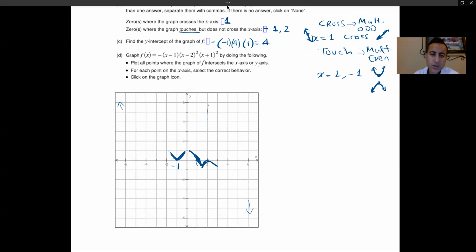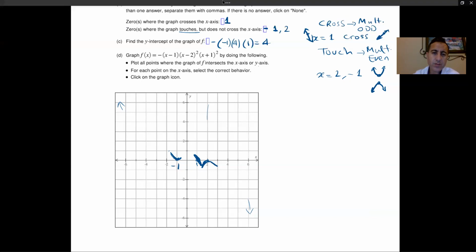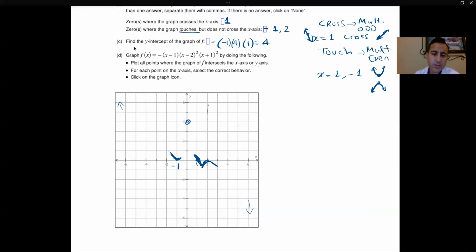And the y-intercept is the one I missed, is 4. So let's put that in. This way it looks much better. Y-intercept is 4. I'll put the points that we had. These are the dots.